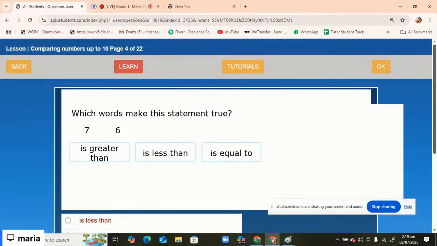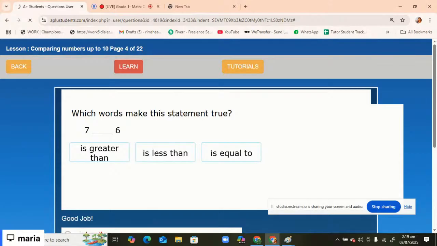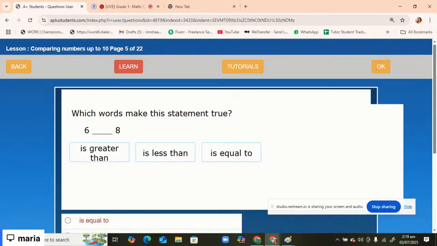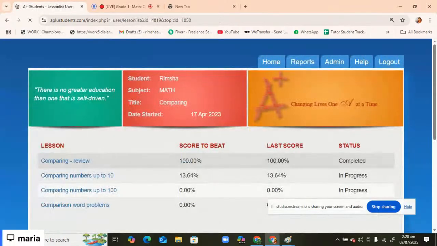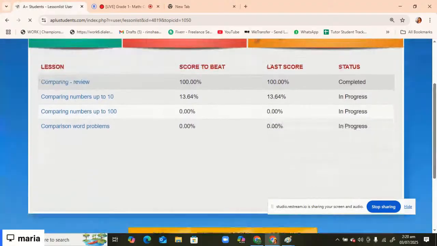So let's go with it. Now you solve the rest of the test questions by yourself. Okay, hope you guys understand this lesson as well.